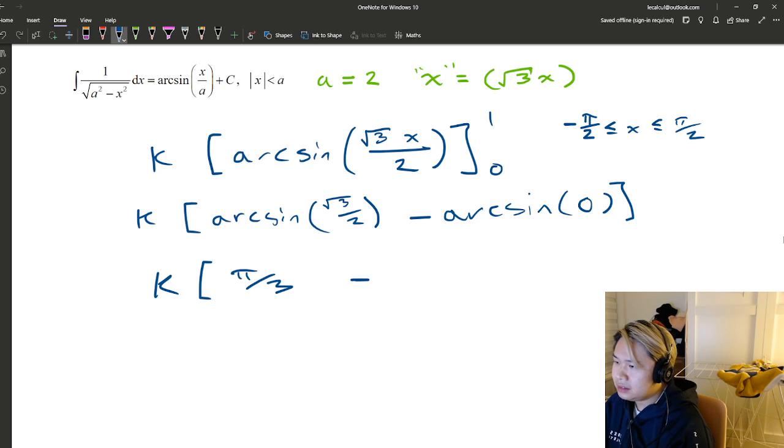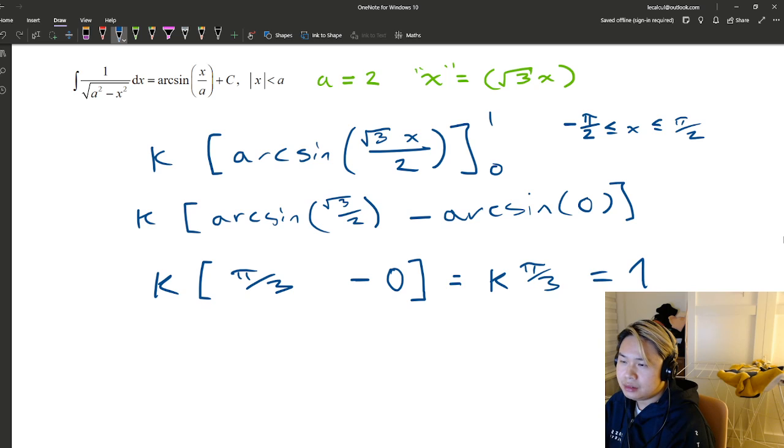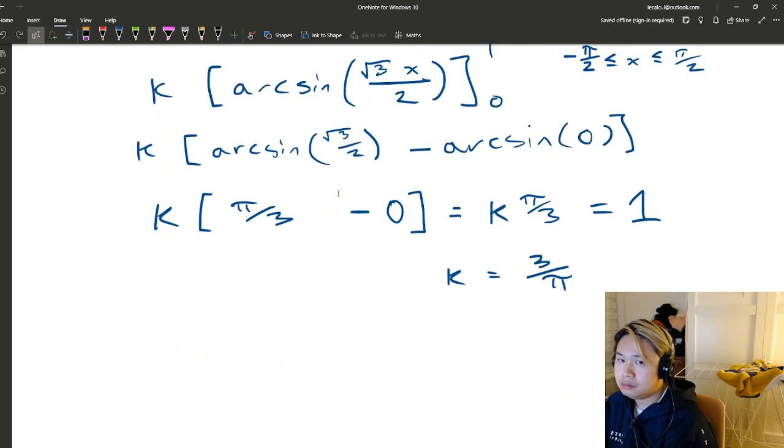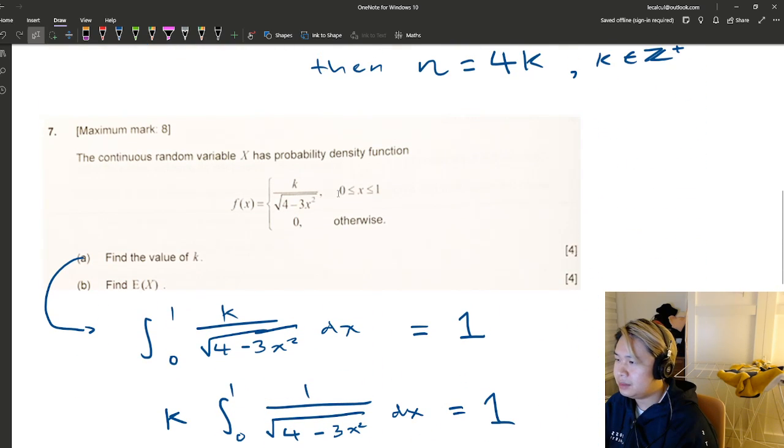The arcsine of 0 is 0. And so we got k times pi over 3 needs to be equal to the total probability 1. So k is 3 over pi. Yeah, sure, that sounds about right.